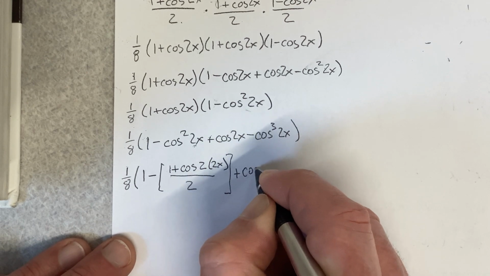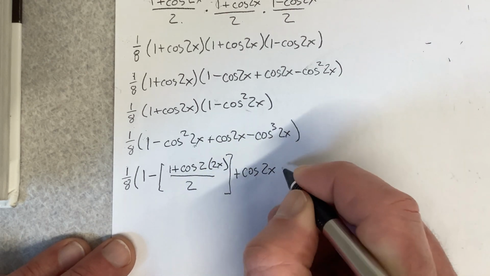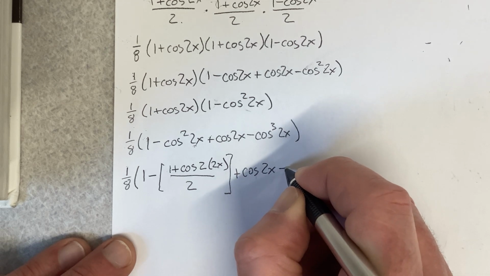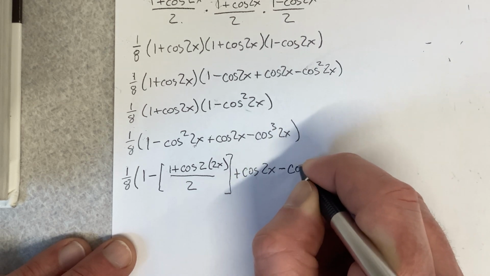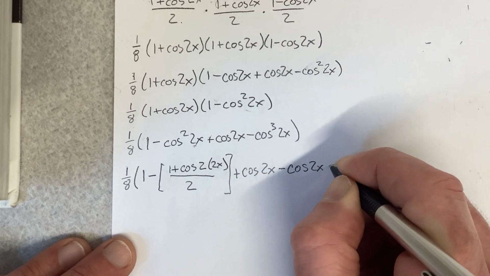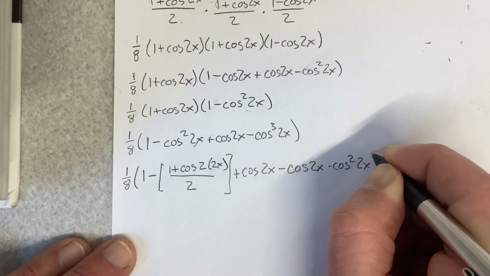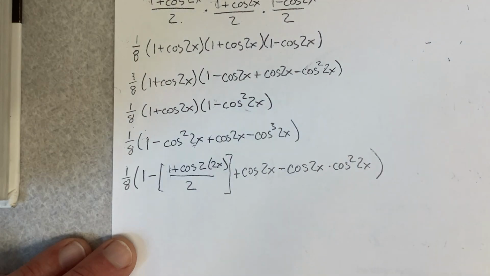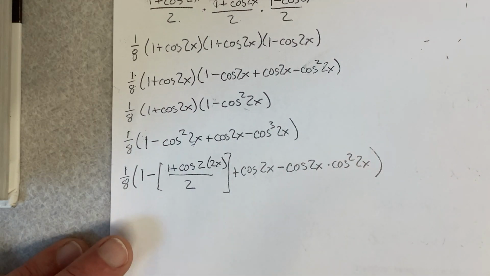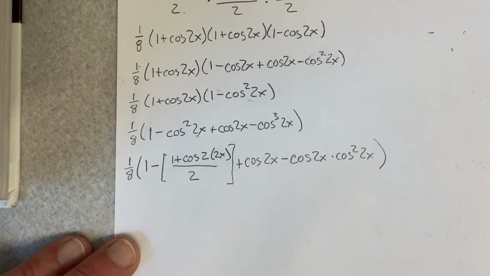Plus cosine of 2x. And now I'm going to rewrite this as minus cosine of 2x times cosine squared of 2x. Okay, and so then we're going to have to apply this again, right? So nothing hard here, just a lot of manipulation.